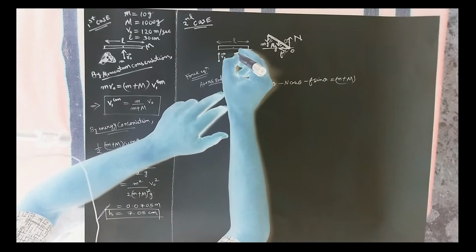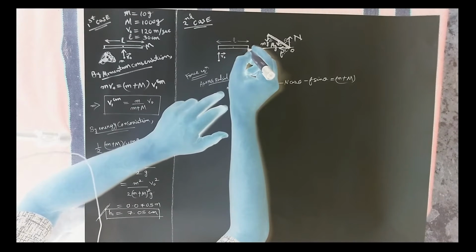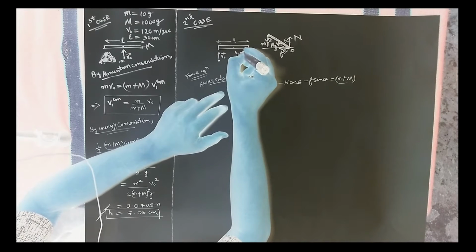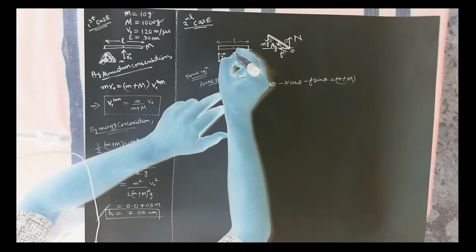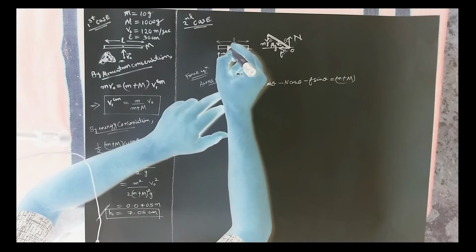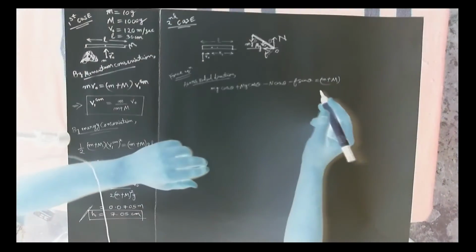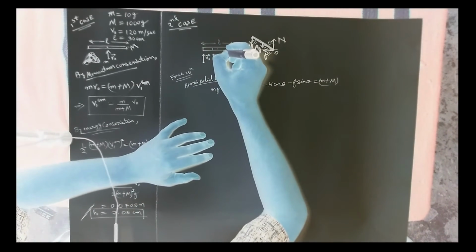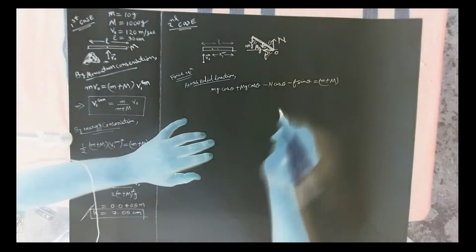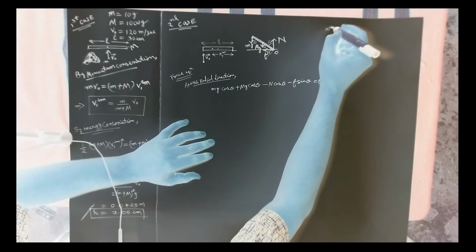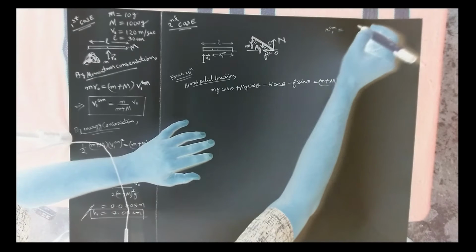Let the distance of the center of mass from this pivot point be r1. What is the r1 value? I will solve that here. Better to say rcm1. rcm1 will be what?